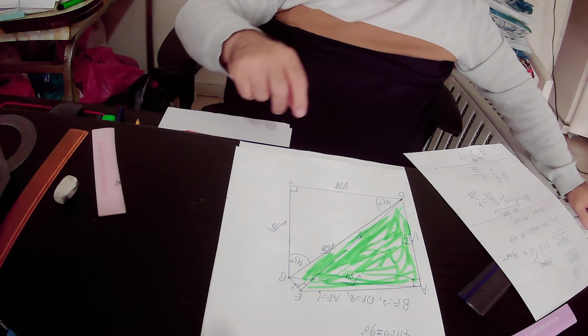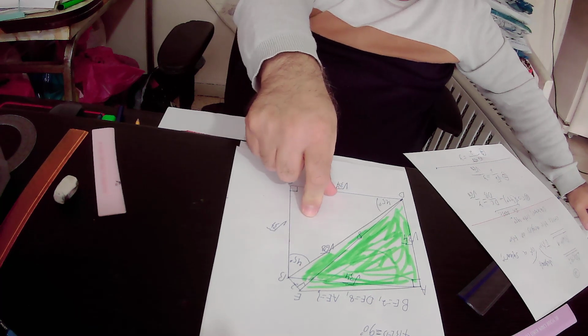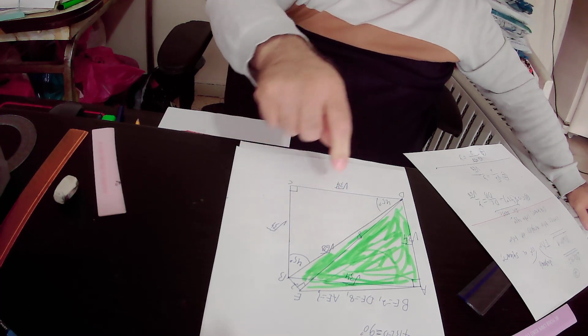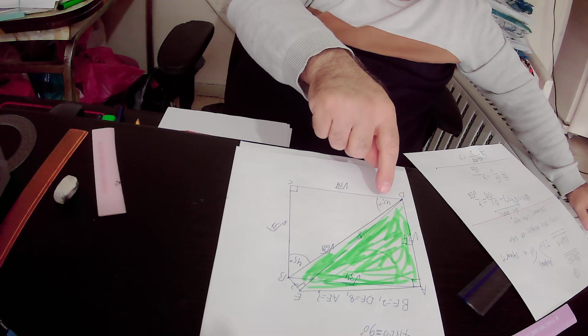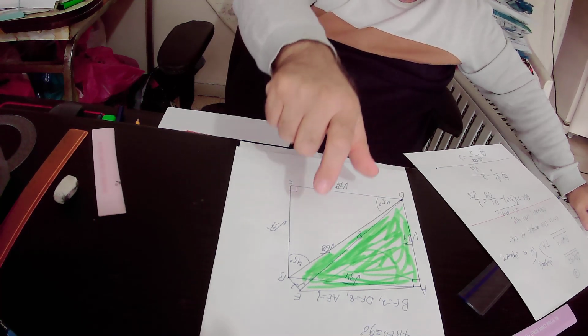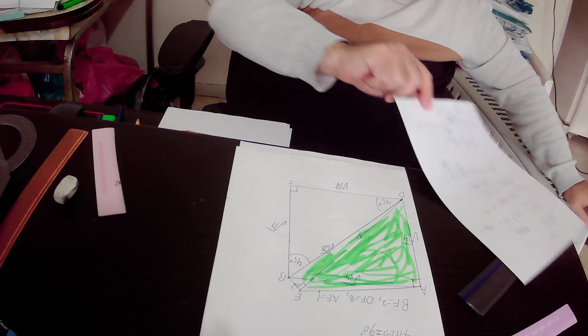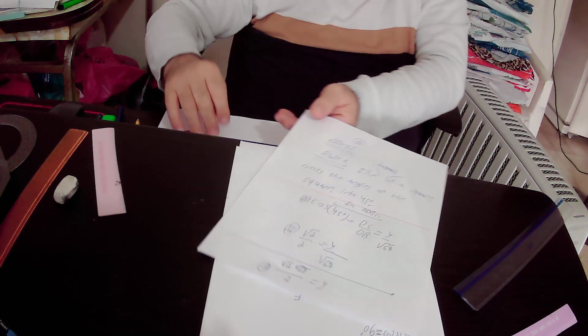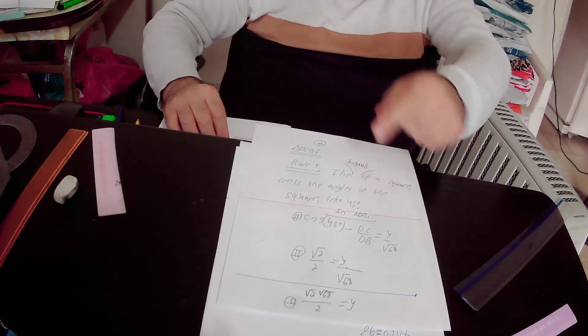So if you focus on the right triangle DBC, we know that cosine 45 degrees equals DC over DB.